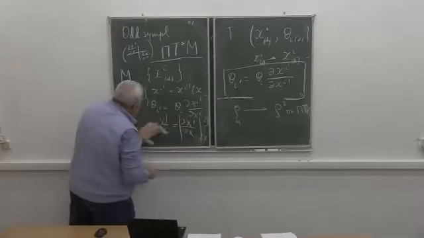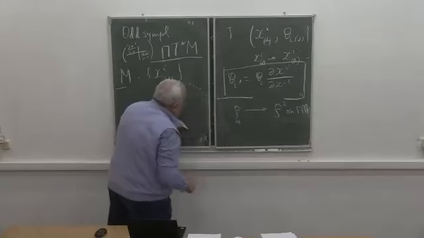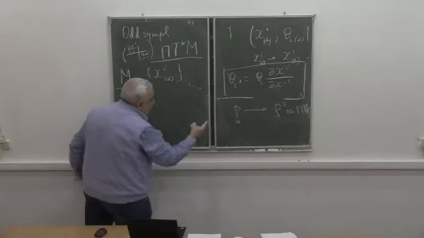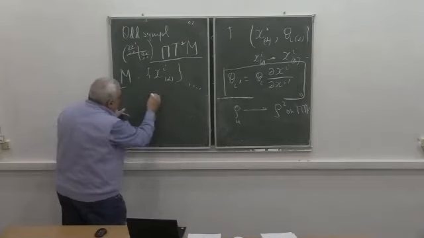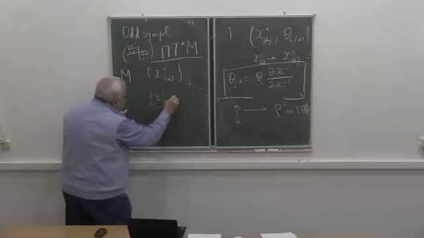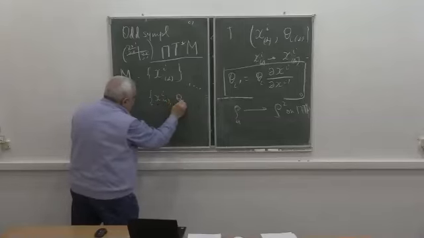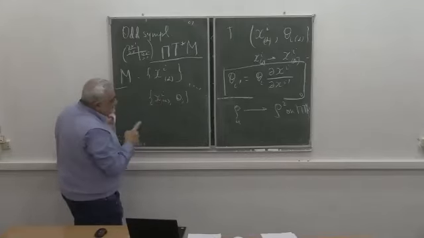Now, let me answer your question. How do we define rho square? In some sense we already define rho square because we have an atlas of coordinates x i alpha.